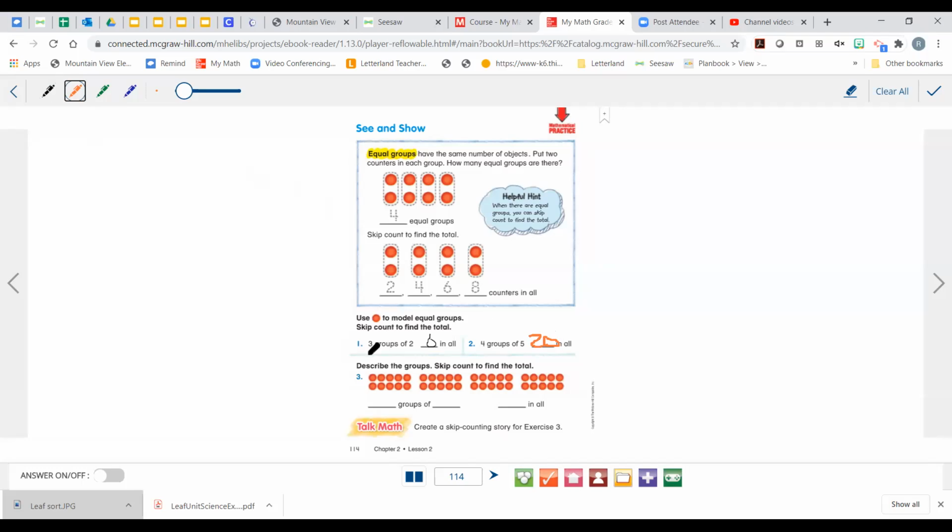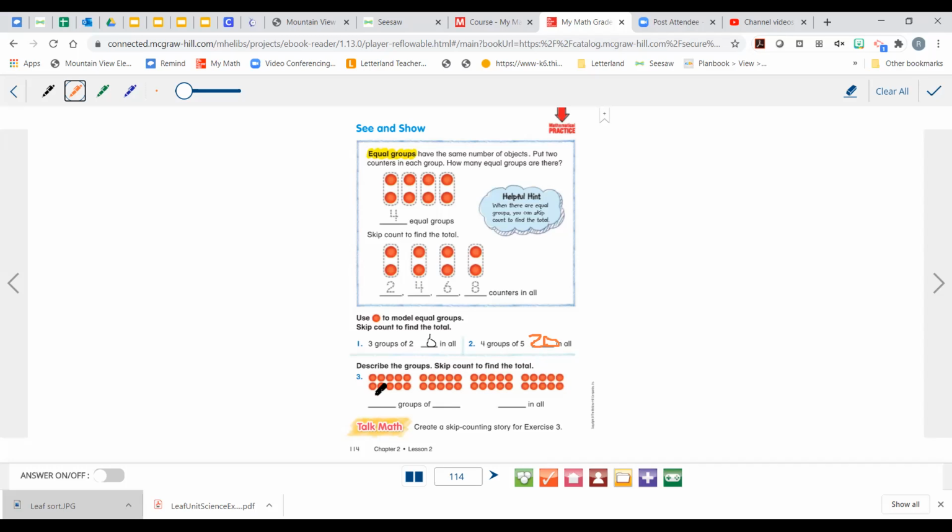Now let's see what it says here. Describe the groups. Skip count to find the total. Okay, so let's see, how many groups do we have? I guess this is considered a group. They're all together. Then we got a space here. Here's a group, space. There's a group, space. And there's a group. So how many groups do we have? 1, 2, 3, 4.